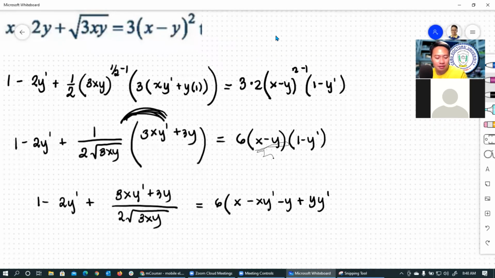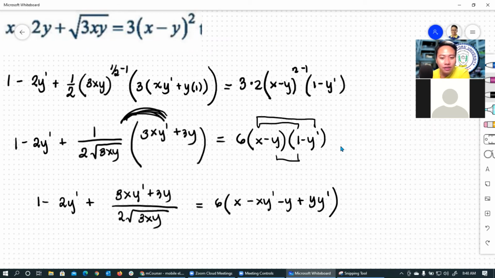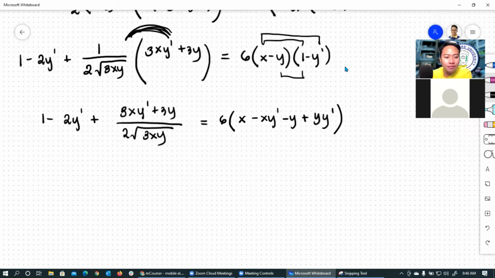X times 1 is x. X times negative y prime, negative xy prime. Negative y times 1, negative y, and then negative y times negative y prime, it's positive, and then close. No? So let's scroll down.